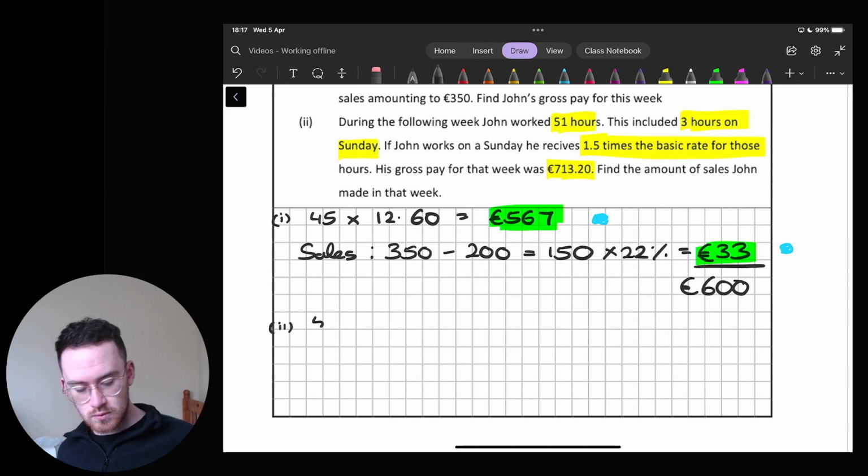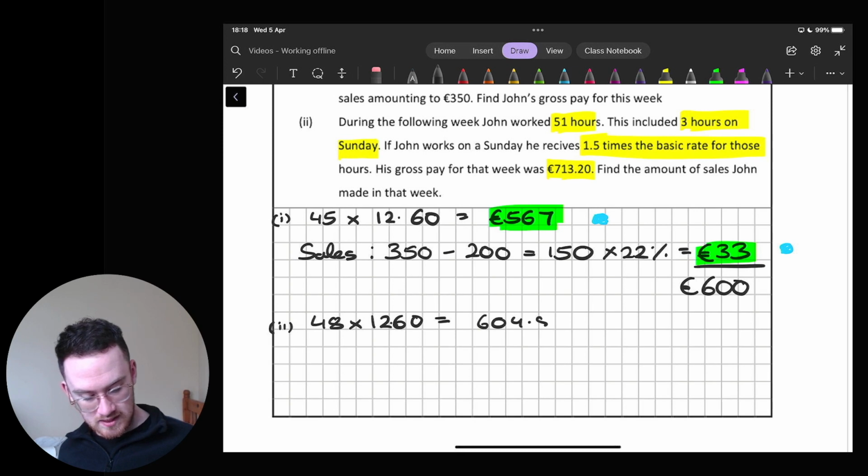So he worked 51 hours at his usual rate of $12.60. Or sorry, no, I'm making a mistake there. We're told this includes 3 hours on Sunday. So he worked only 48 hours at his regular rate of $12.60, which gives me €604.80.